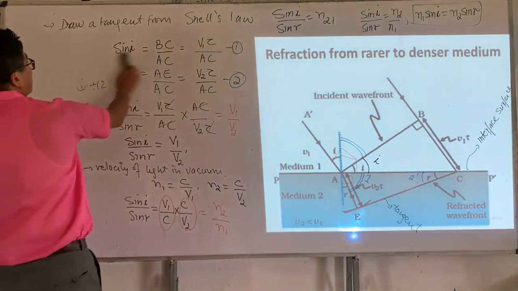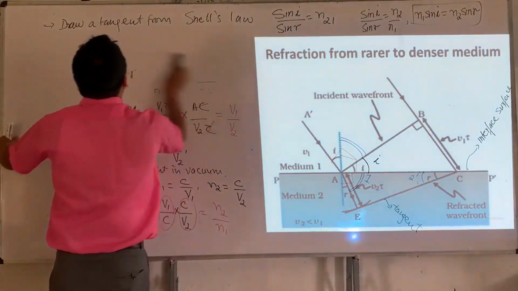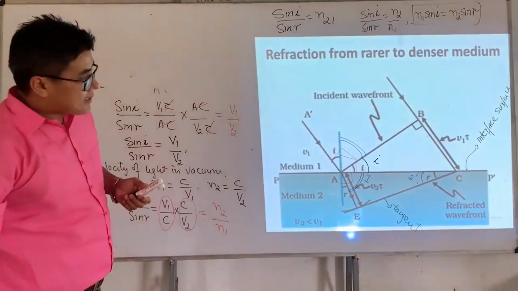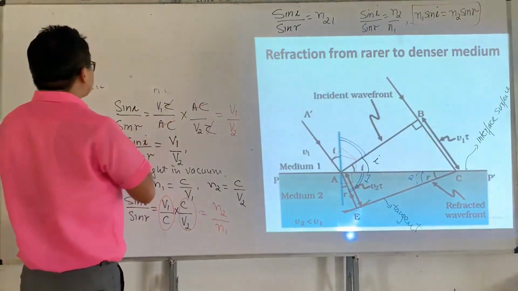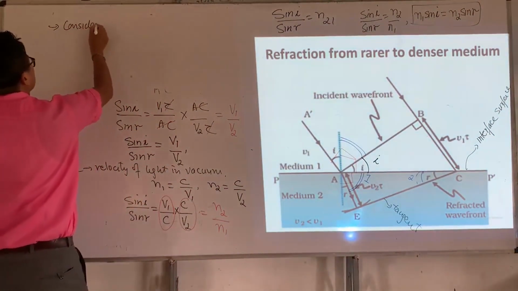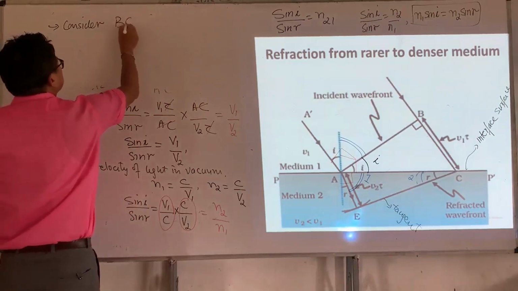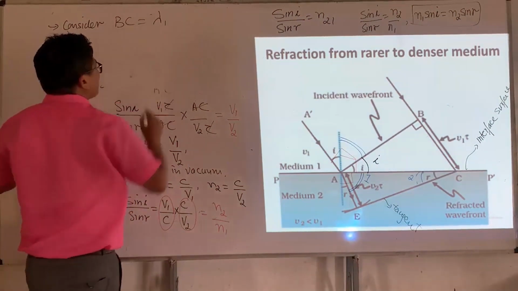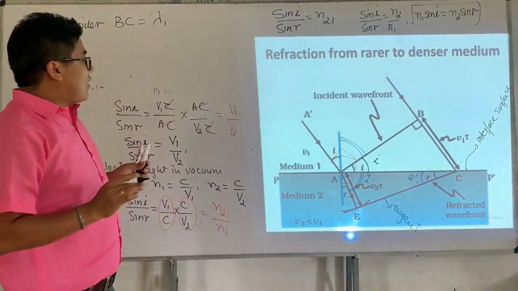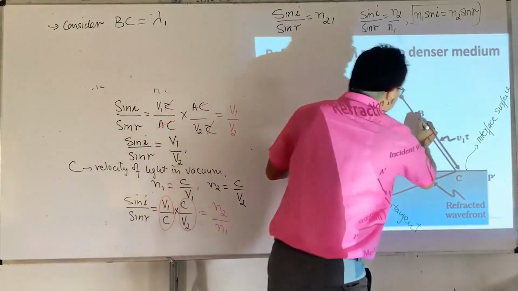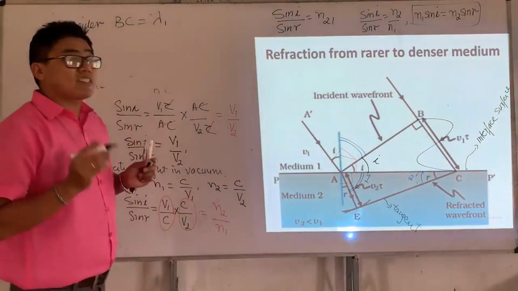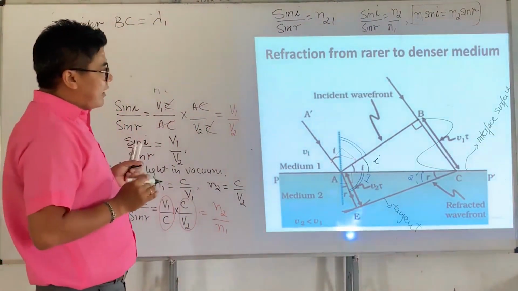Let's consider BC is equal to one wavelength. This is one wavelength. If the distance BC is one wavelength, alright.